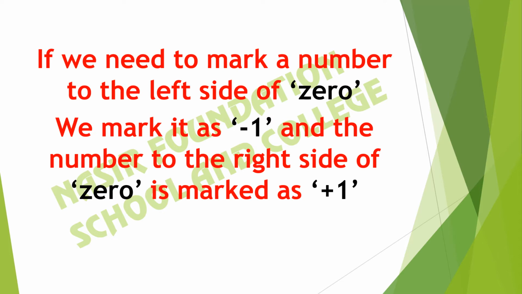And the number to the right side of 0 is marked as +1. I repeat, if we move towards the right side of 0, we use +1. And if we move towards the left side of 0, we mark this number as -1. We will use negative sign with this number.